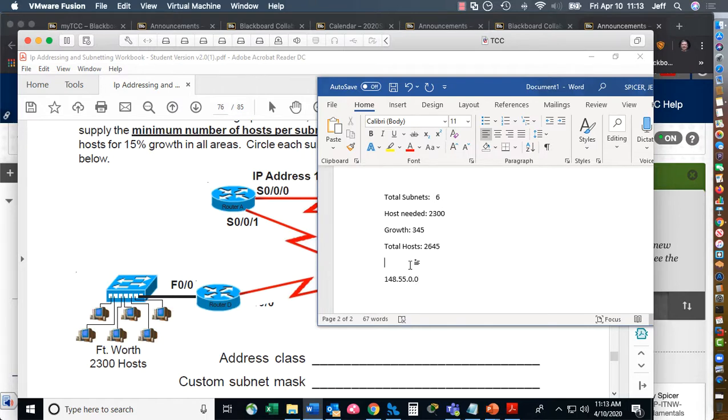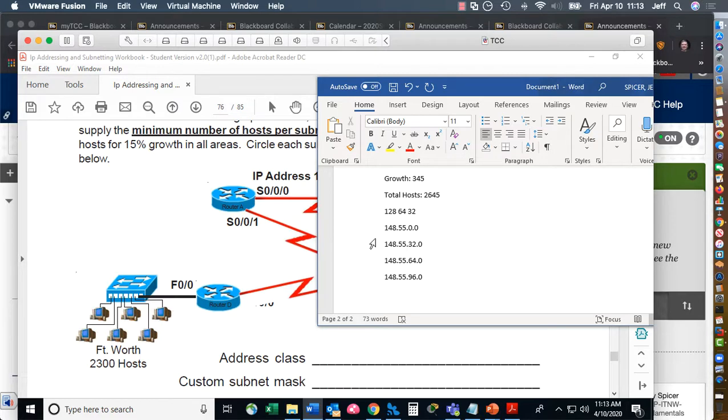So we're going to borrow 3 bits, the 128, the 64, and the 32. So our numbers are going to go up by 32. 148.55.64.0, dot 0, dot 0. 148.55.96.0.